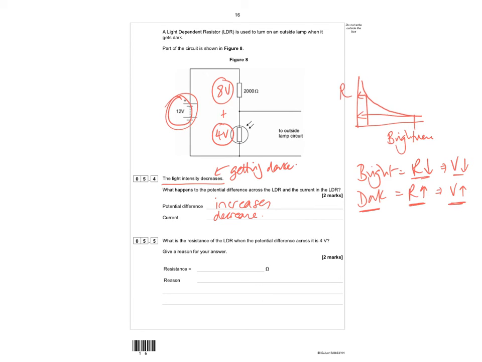So we can see a ratio here that there's double the potential difference, which equals 2000 ohms. This is half the potential difference, so this one must be 1000 ohms. So the resistance is 1000, and the reason is the potential difference is shared in proportion to the resistance.